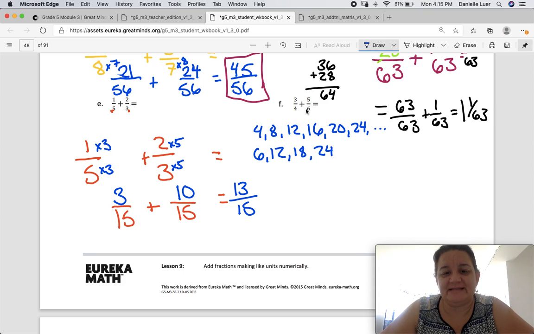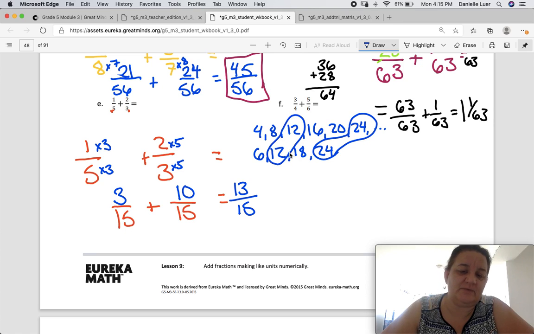So if I multiplied 6 times 4, I would get 24, which is right here. But I do have a common denominator that comes earlier, 12. So we're going to use our lowest common denominator, our LCD, which is 12.